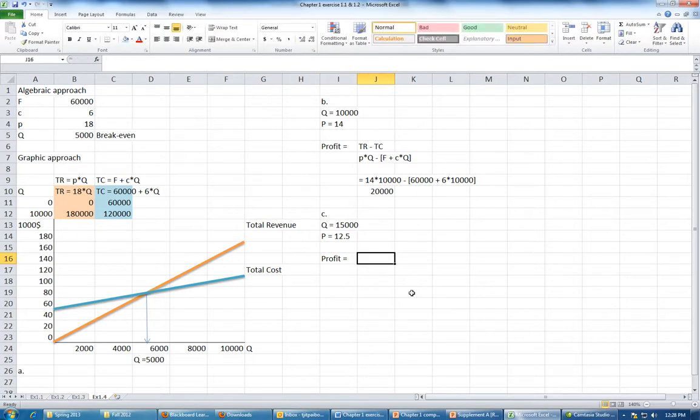Profit equals 12.5 times 15,000 minus (fixed cost plus C times Q).